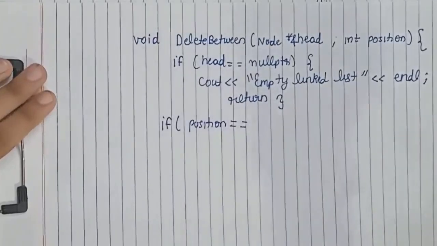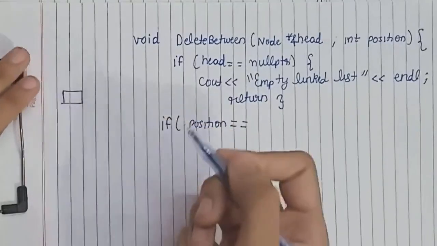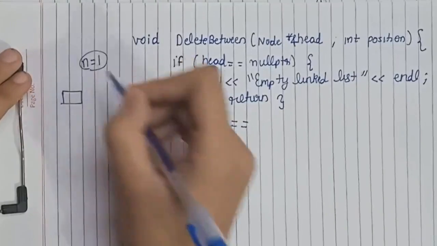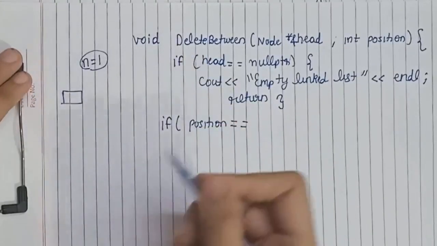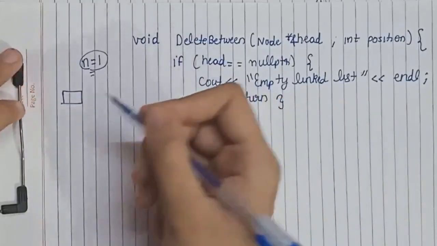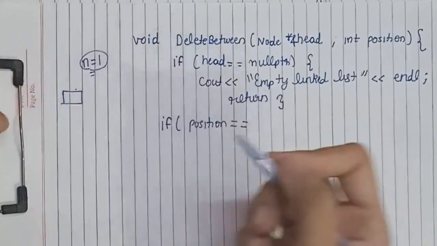Now we know that we are using the concept of previous, and let's say the user wants us to delete the first node. Then we can't use our concept, because we know that the pointer previous was pointing to the node before the given position.